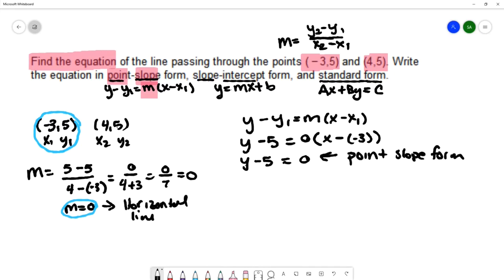So we have our point-slope form, and we want to write it in our slope-intercept form. Now in slope-intercept form, you have y equals. So I'm going to rewrite this equation to have y equals. So I'm adding 5 to both sides to give myself that y equals format that we see in slope-intercept form. So now you've rewritten this in slope-intercept form.